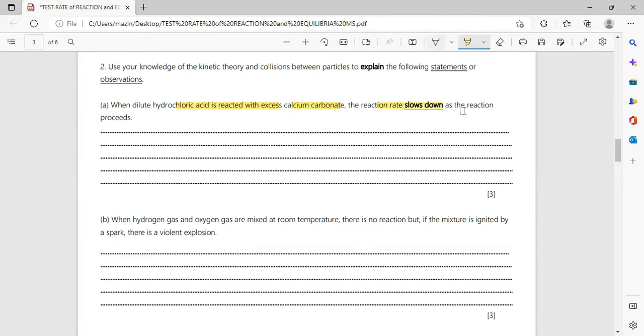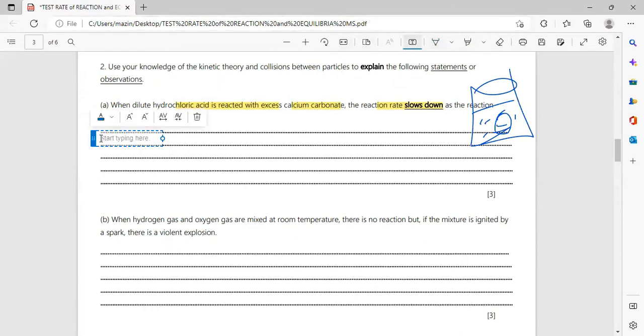This is true for most reactions. Here are the reacting particles, the acid, and here is a solid that reacts. Gradually the rate decreases, certainly, because particles are getting used up.